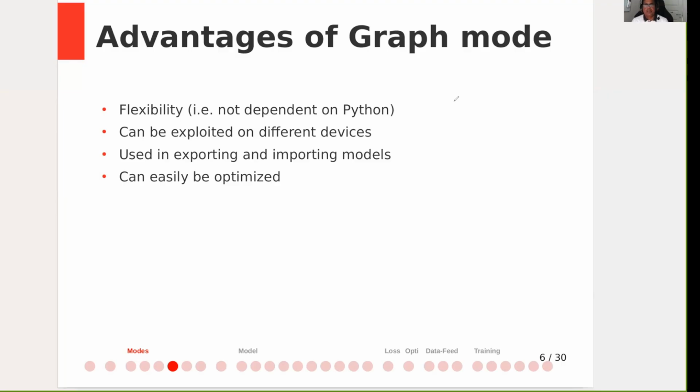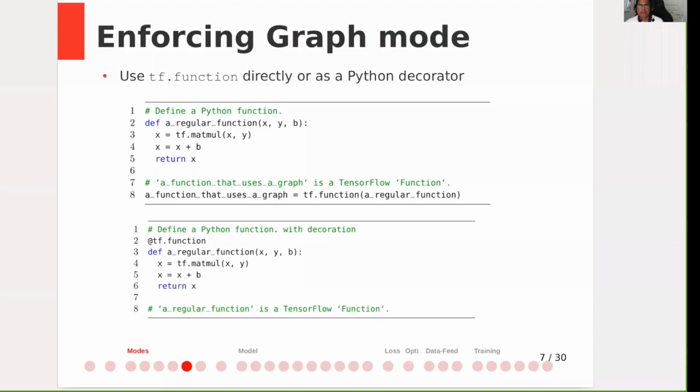These sorts of advantages speak positively for graph mode, but one of the biggest disadvantages of graph mode is that it is very difficult to debug your code in graph mode. So, as I mentioned earlier, the default mode of TensorFlow is eager execution mode.